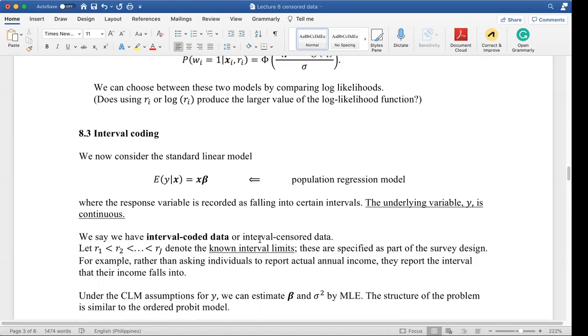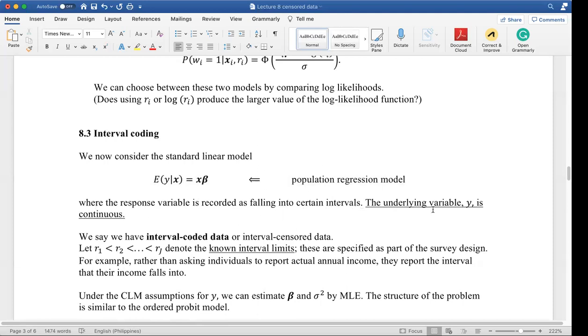It's not just 0, 1. Okay, we still consider the standard linear model. So the underlying population regression model gives us the expected value of Y given X is equal to X beta. Okay, where the response variable is recorded as falling into certain intervals.